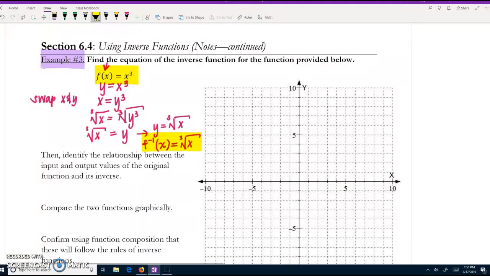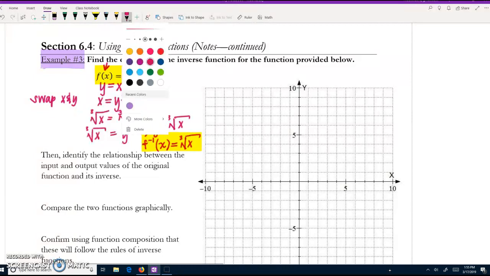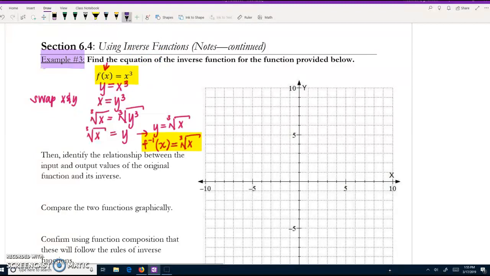So it's pretty easy there to see how the inverse relationship is going to undo the original function, because whatever I plug into something cubed as a value, if I plug that into a cubic root, I'm then just going to reverse that. So that's this next step, and that should be pretty easy to see here. Identify the relationship between input and output values. Let's just pick a value to plug into the original function, y equals x cubed.